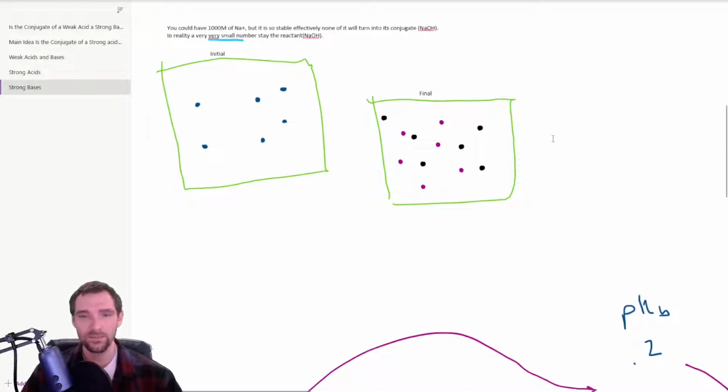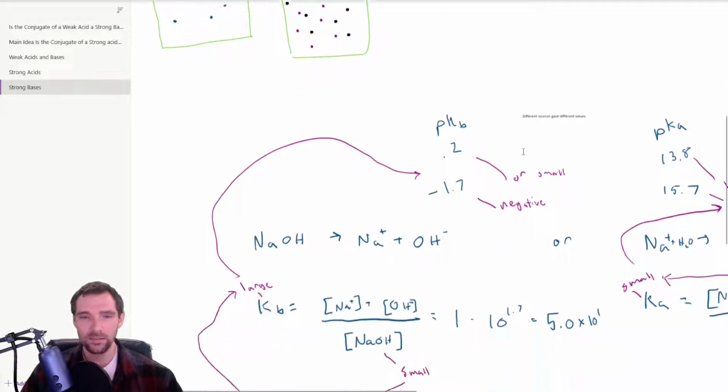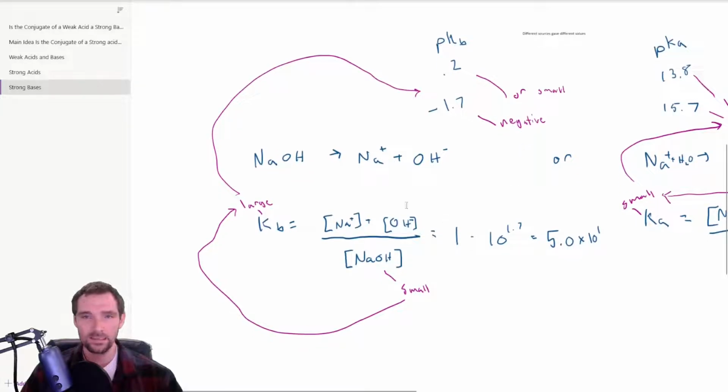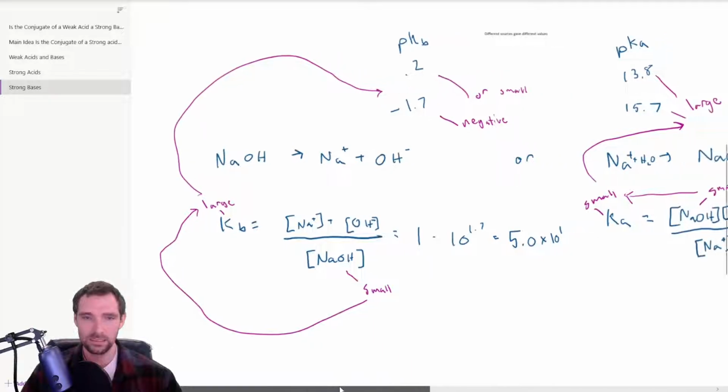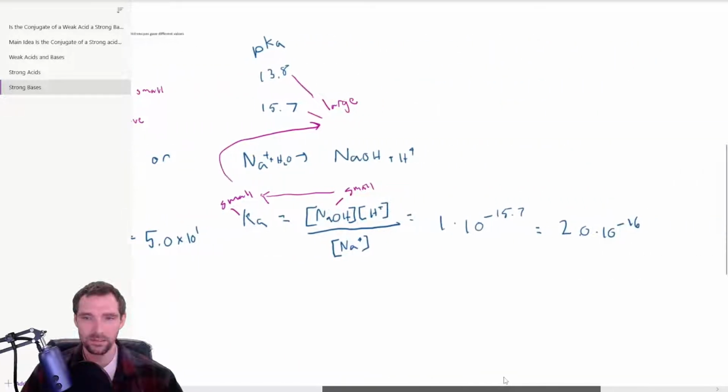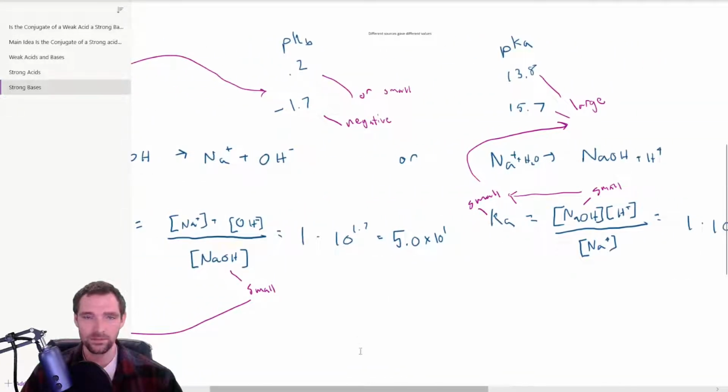It's all products. And we can look at the math for these things. And this is for the sodium hydroxide. We've got the Kb value and the Ka value here worked out, as well as their pKa values.